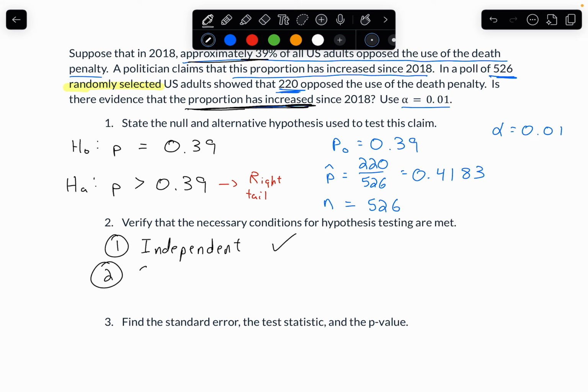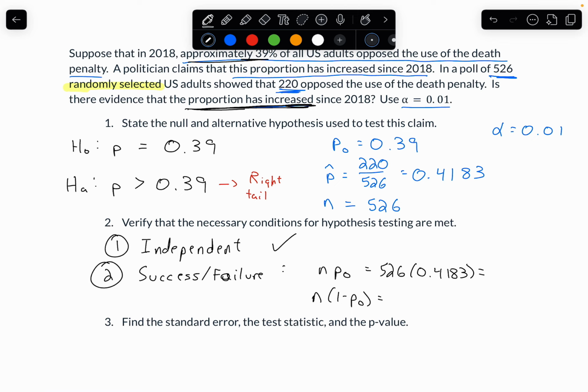The other condition that we want to check is the success-failure condition. That looks like n times p naught and n times 1 minus p naught. I just want to make sure that these are both greater than or equal to 10. So n is 526 times 0.4183.